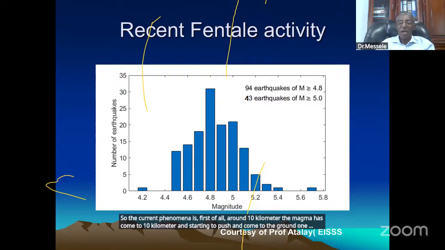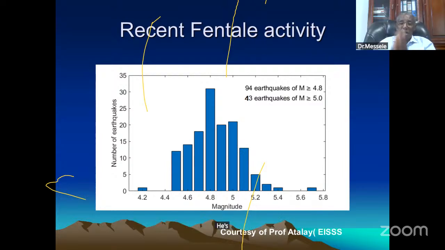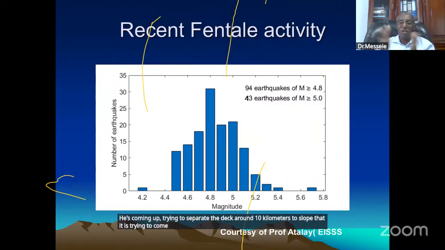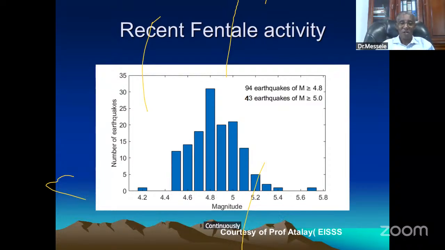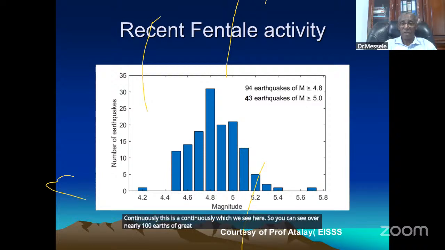It is coming up, trying to separate the dike around 10 kilometers, and its trying to come out is what is causing these earthquakes continuously. This is a curve which we see here. So you can see nearly 100 earthquakes occur above 4.8. If we count others, it is in the thousands. And still, it is not stable.